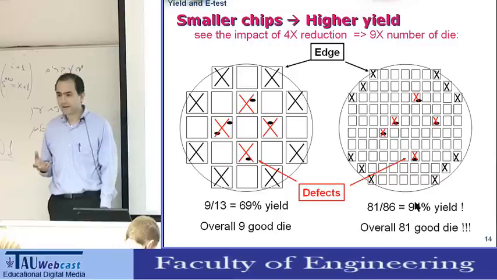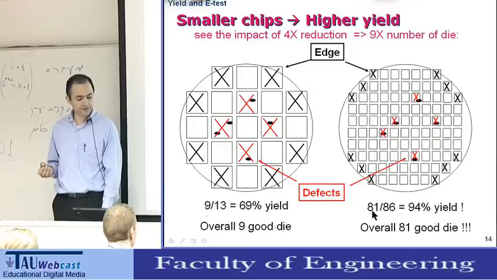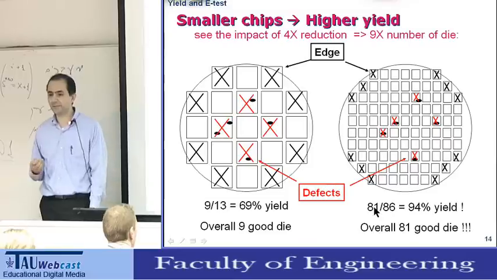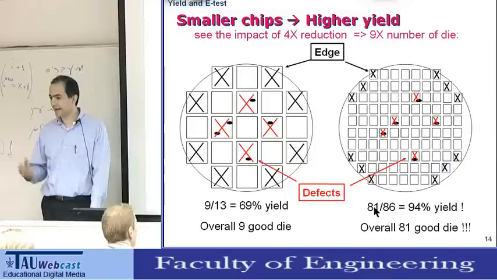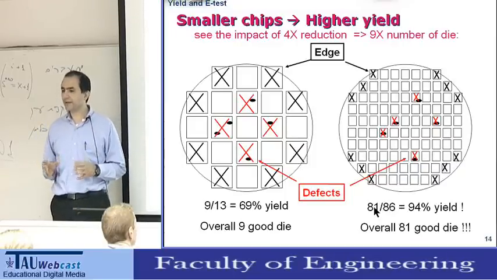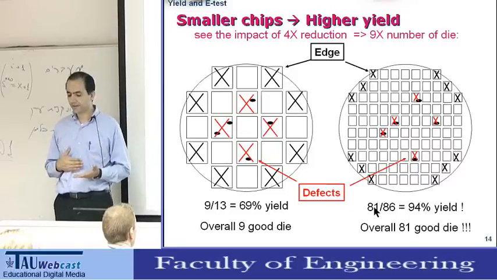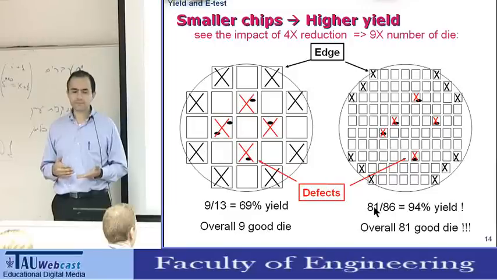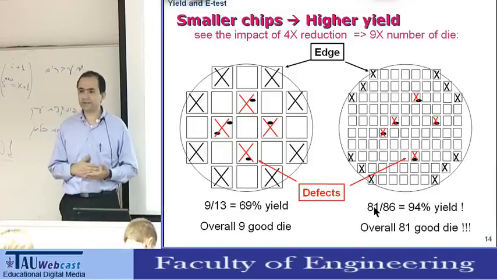And we would be able to produce much fewer good dies from the same wafer. So look at the amount of good dies. Here we have 9 good dies, and here we have 81 good dies, 9 times more. So if we can save area in the design, if we can save area in manufacturing, we can make many, many more dies on a wafer. This is the driving force which is reflected in Moore's law, which I'll talk about at the end of the lesson today.